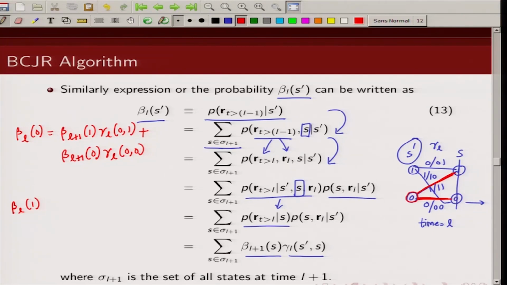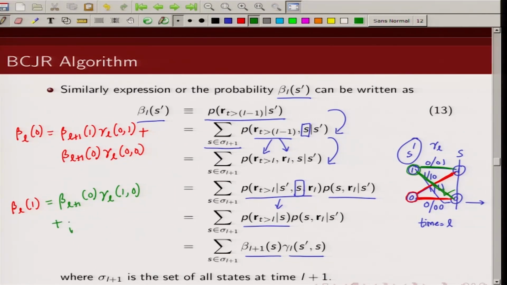Similarly, we can compute beta L for state 1. So, what are the two transitions which are ending at this state? One is this one, the other one is this one. So, let us write down the expression for this one. This will be beta L plus 1 0 times gamma L 1 0, this is this term, and what about this particular term?